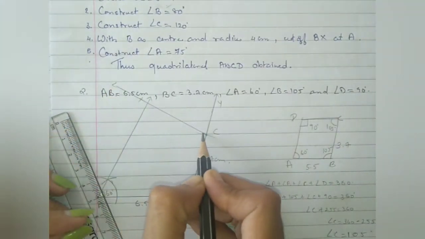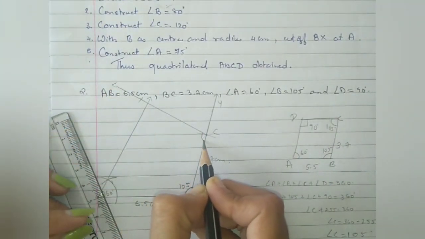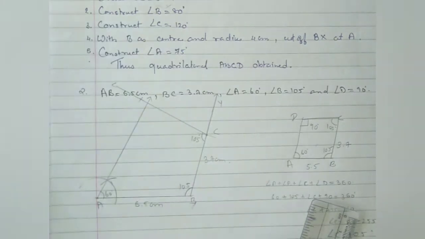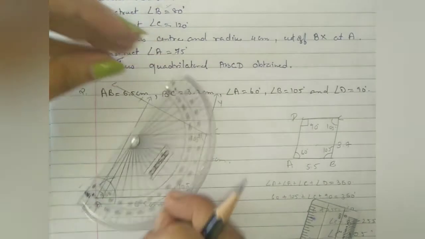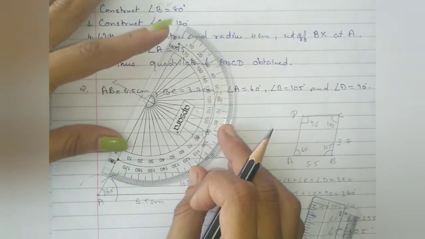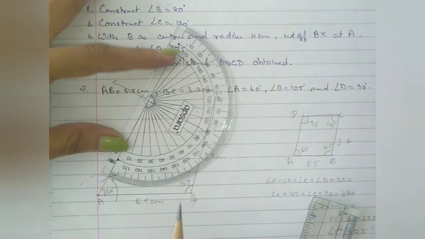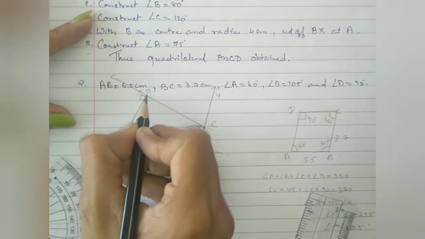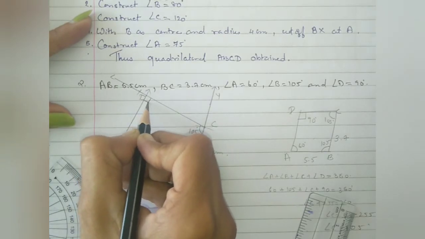Okay, now that is angle 105, and we have to construct the angle D as 90 degree. So let us see if this is 90 or not. See, here it is 90 degree. Proof. So this angle D is also 90 degree.